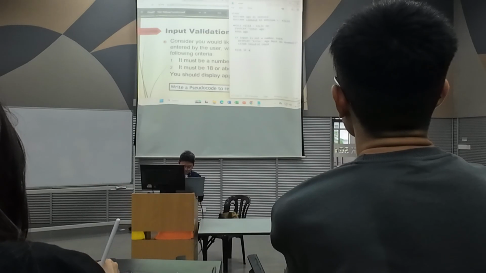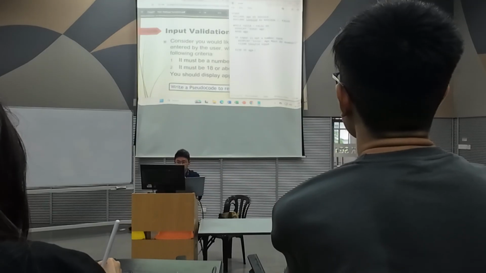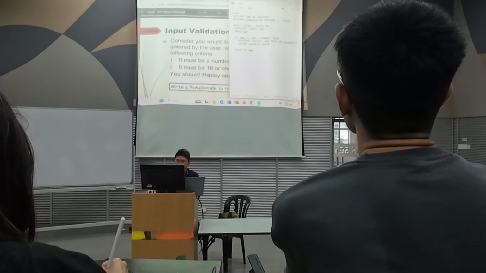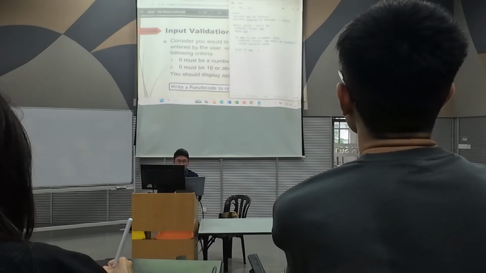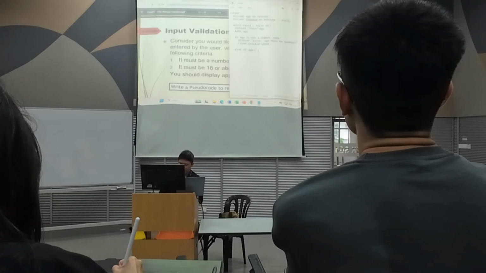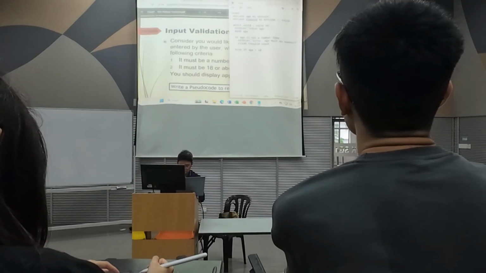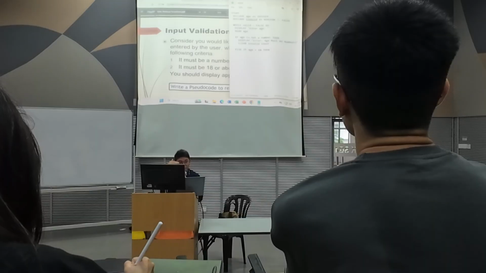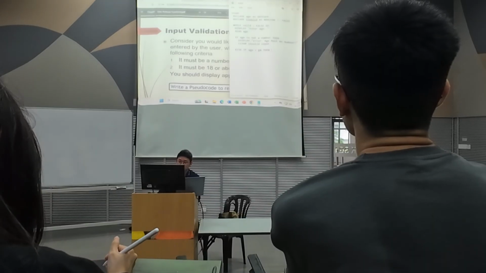Else if my age, you can put input also. If age, this is easier to understand. So if my age is less than 18, then I break down into more details. I just check one condition only.